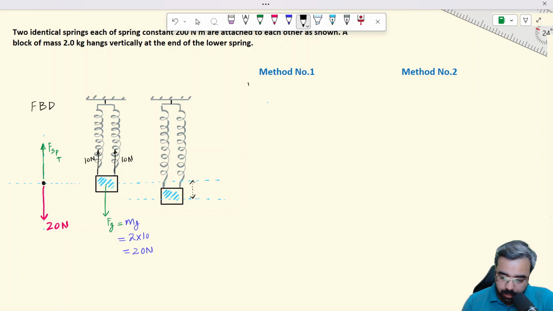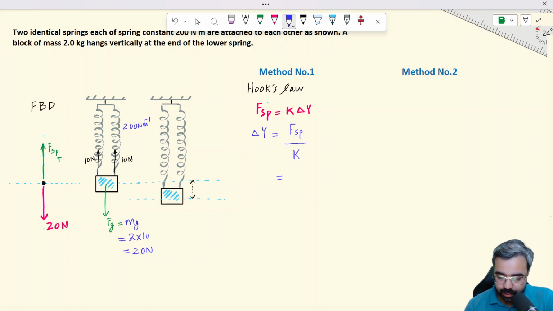If we apply Hooke's law, which states that the spring force magnitude is k delta y, I'm writing delta y because elongation is on the y-axis. The spring constant is 200 Newton per meter. So if I want to find delta y in one spring, that would be the force in that spring divided by k.